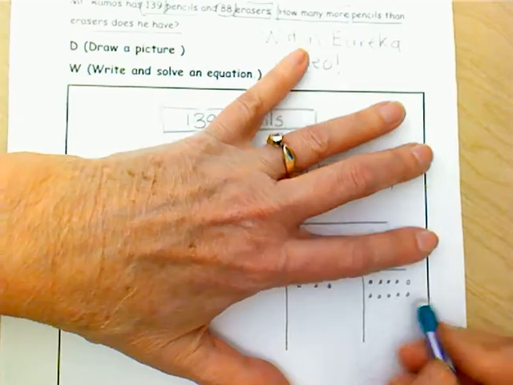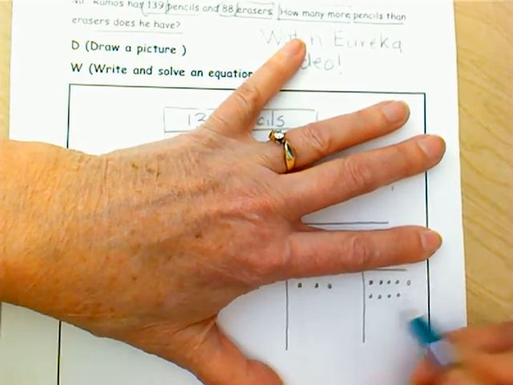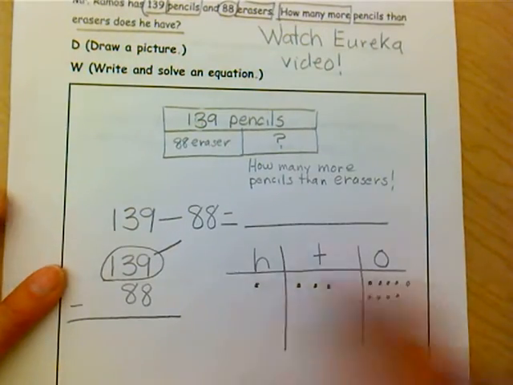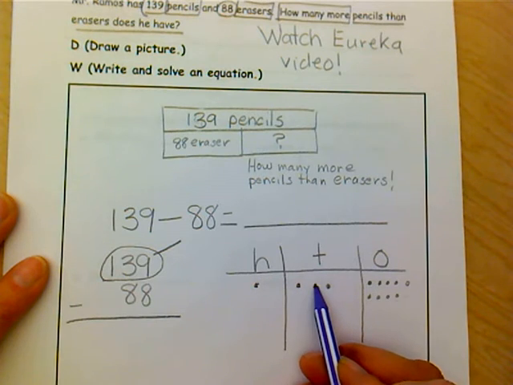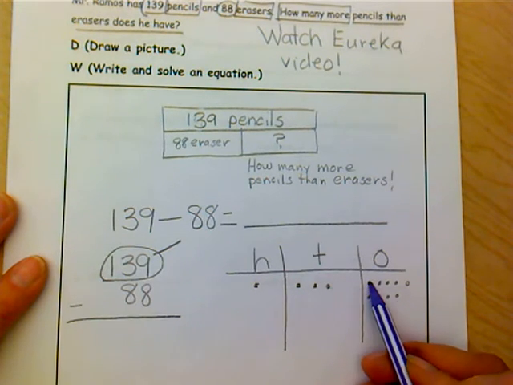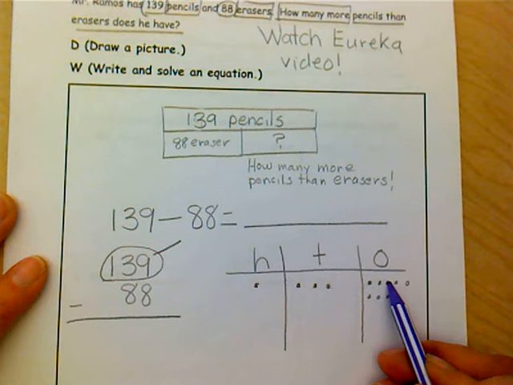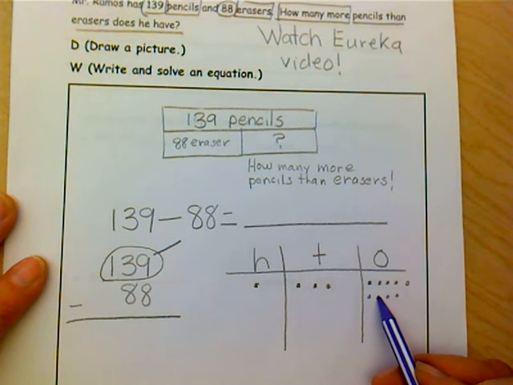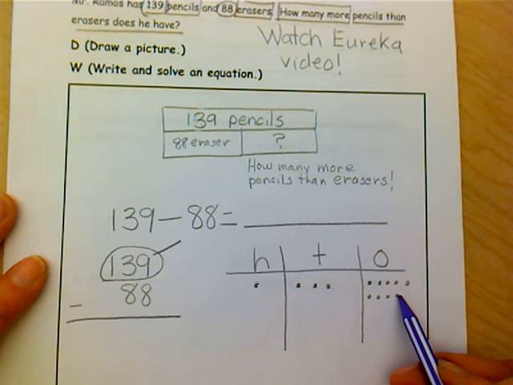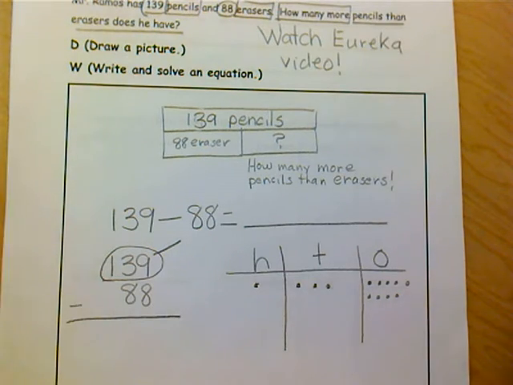Oops, I put in one too many. It's a good thing I went back to double check my work. You should always do that. I'm going to double check that. 100, 110, 120, 130, 131 through 139. So I'm on the right track.